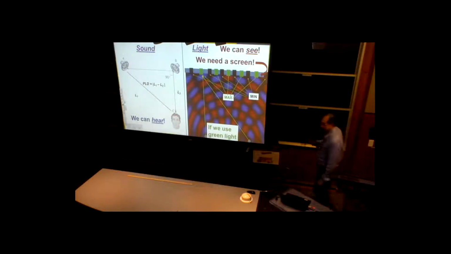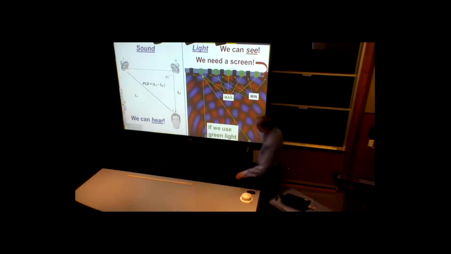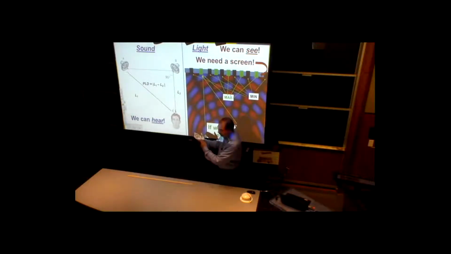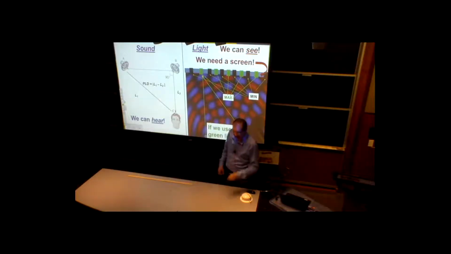And the only thing is, we know light is here, but we don't see it here. We only see it on the screen. To see it here, I need something to use as a screen and then look at it. I could have used a photocell, if you know what it is. It's a tiny cell which generates electricity when light shines on it.